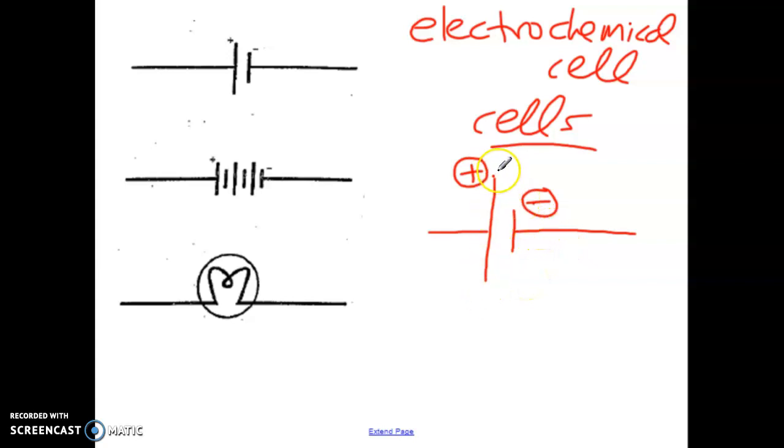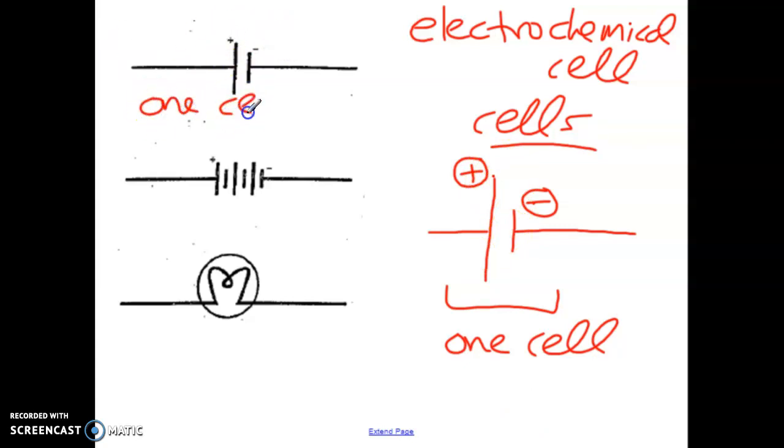So what we just drew here was one big line and one small line. This represents one cell because it comes as a set. So this first picture up here is called a one cell battery, right? So it has one set of a big and small line.